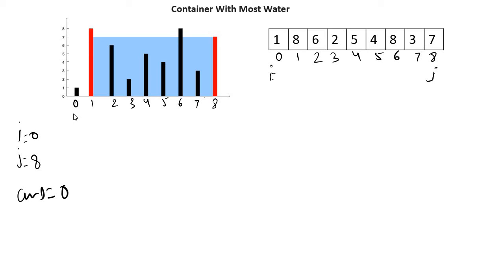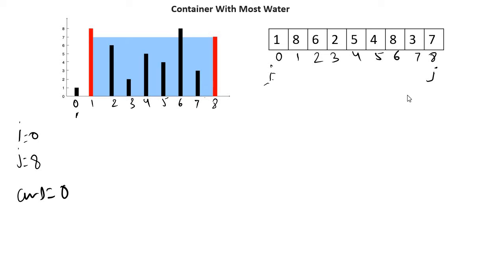In the two pointer approach, when we move i and j, we move the one which is smaller. If the value at the ith index is less than the jth, then we'll increase i, otherwise we'll decrease j.